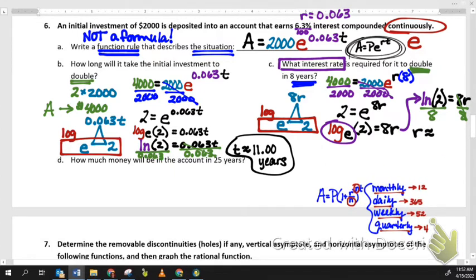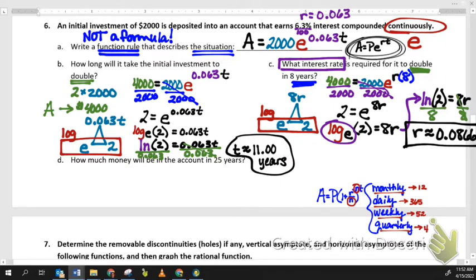When you do ln of 2, close those parentheses before you divide by 8. I know it starts with a 0. 0.08, and then it's like 6 something, right?